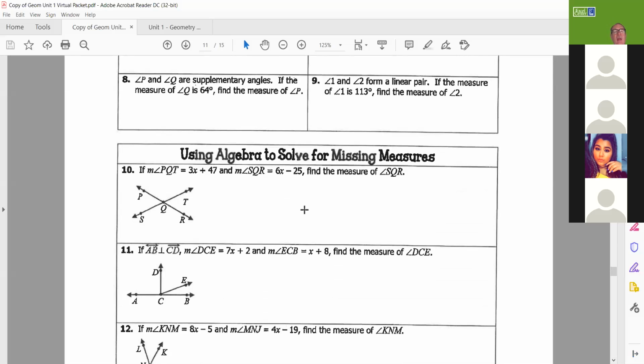Well, that's another vertical angle situation. So those two angles are going to be equal to each other. All I have to do to solve this is set up the equation so that those expressions are equal to each other. 3x plus 47 equals 6x minus 25, because this angle up here equals this angle down here. They're vertical angles.